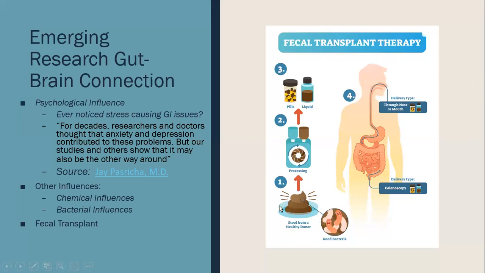And one of our treatment methods is to take stool from a healthy donor and use their good bacteria, process it down into something, either a pill form or a liquid form that can be injected directly into the anus, and use the healthy bacteria from one person to change the bacterial colonization of the gut of another person. Take a minute to think about that. That's incredible. We're using bacteria from one person to change the bacterial species in another by injecting fecal matter from one person into the next.